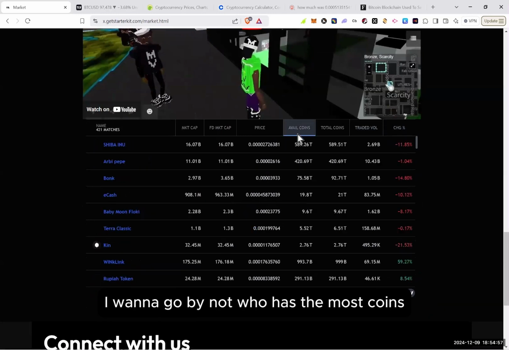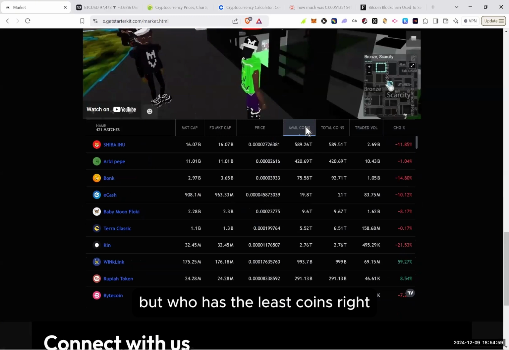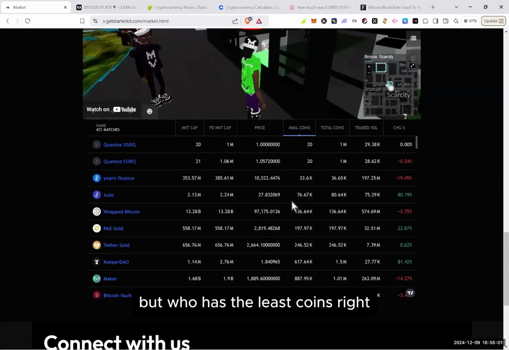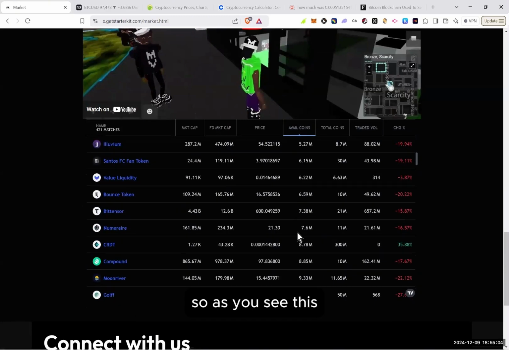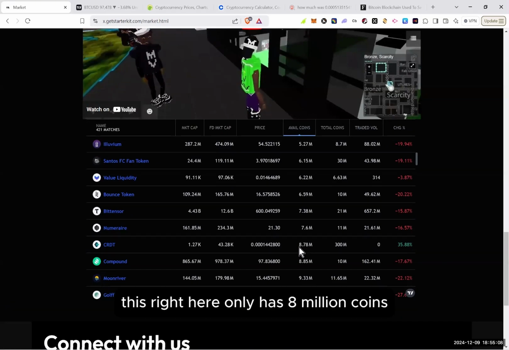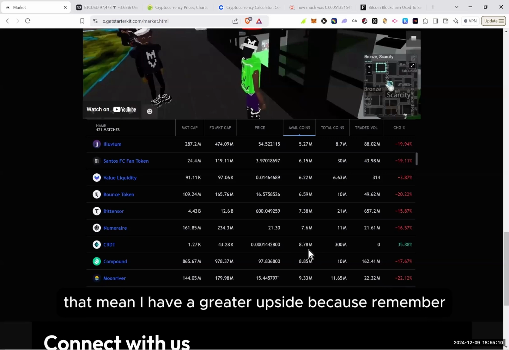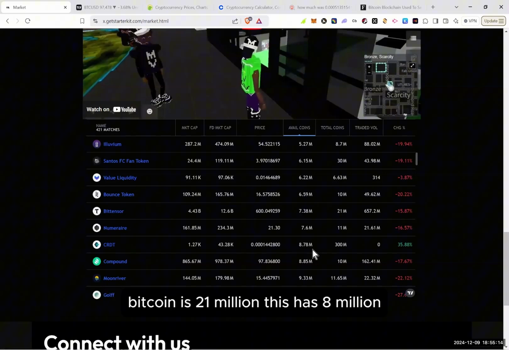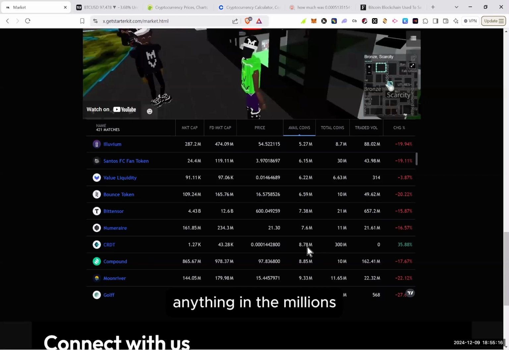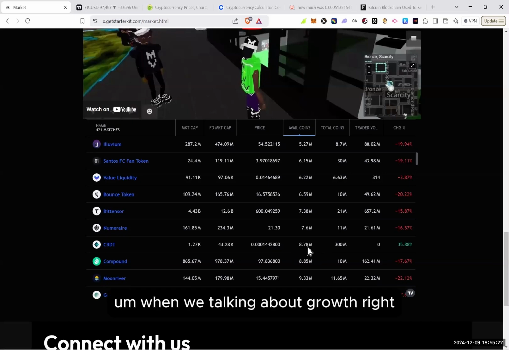I want to go not by who has the most coins, but who has the least coins, right? As you see, this right here only has 8 million coins. That means I have a greater upside, because remember, Bitcoin is 21 million. Anything in the millions usually moves fast when we're talking about growth.